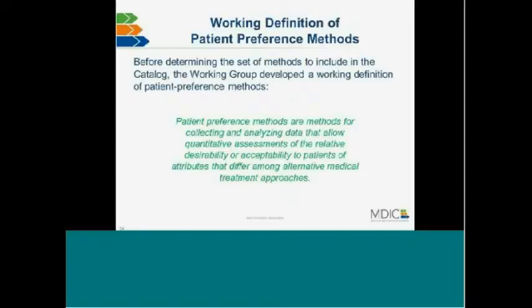But to get started on this, we had to start somewhere. Where we started was a working definition of patient preference methods. We've called it a working definition throughout because it has evolved as we've gone through this process, and it probably still is a work in process. We could refine this in lots of different ways, but this outlines some key components that we were looking for in assembling all of these things. First, it is a way that you can collect and analyze data, and we were really looking at quantitative assessments here.